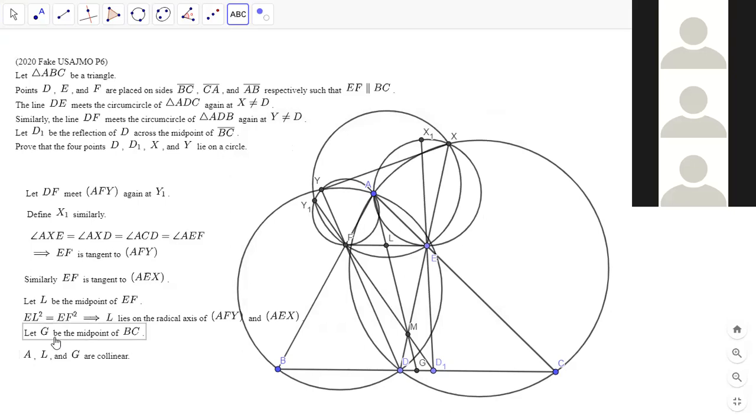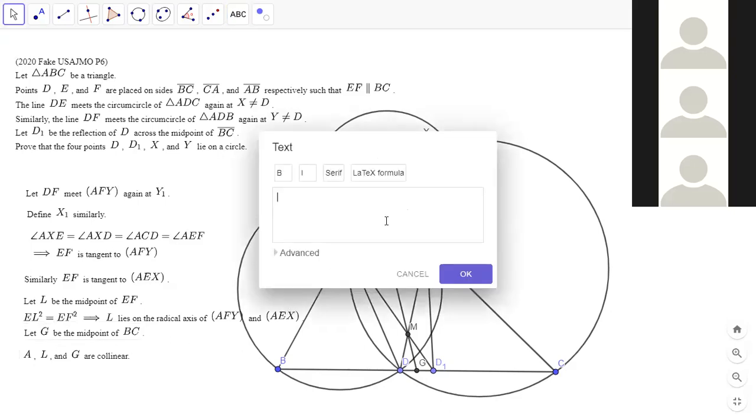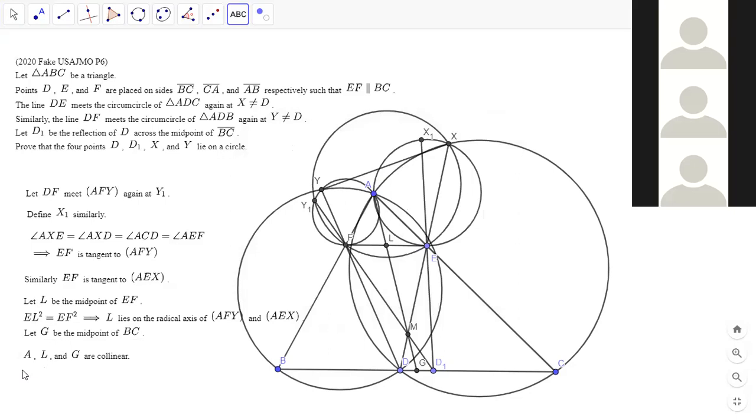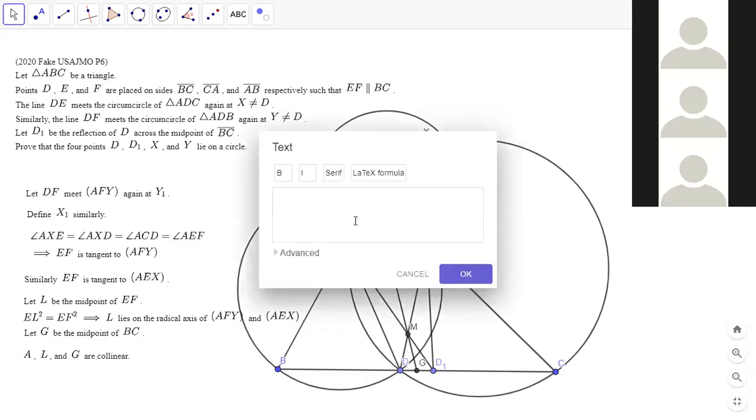So D1F, DE, and AL concur by Ceva. We'll just say that.